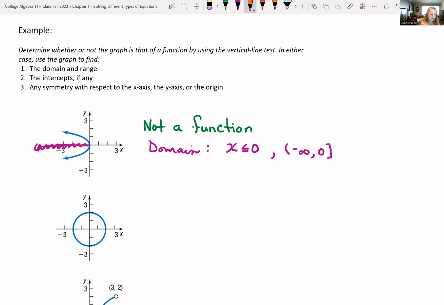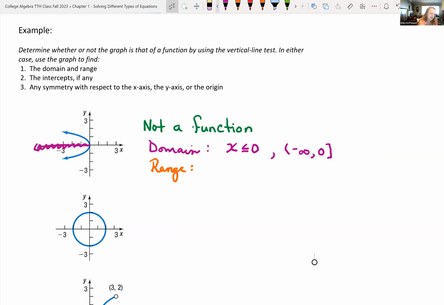Range, though, is where we use our y values that the graph is hitting. So in this graph, we are actually going to hit all of the y values.